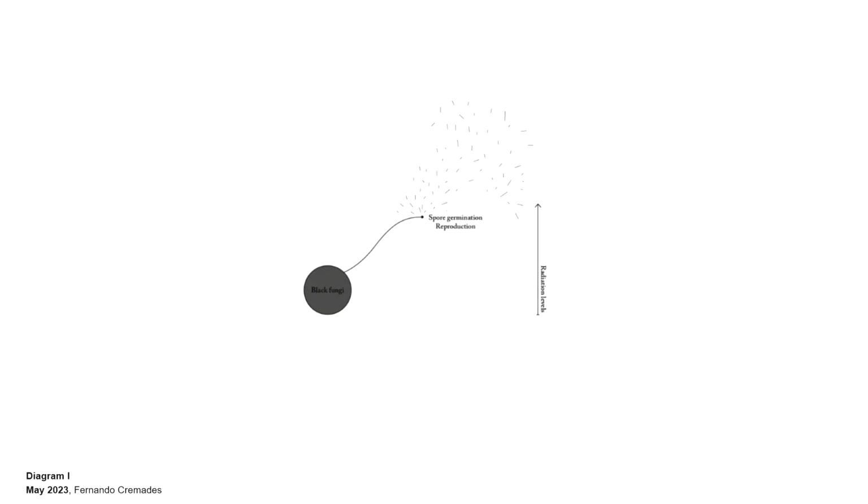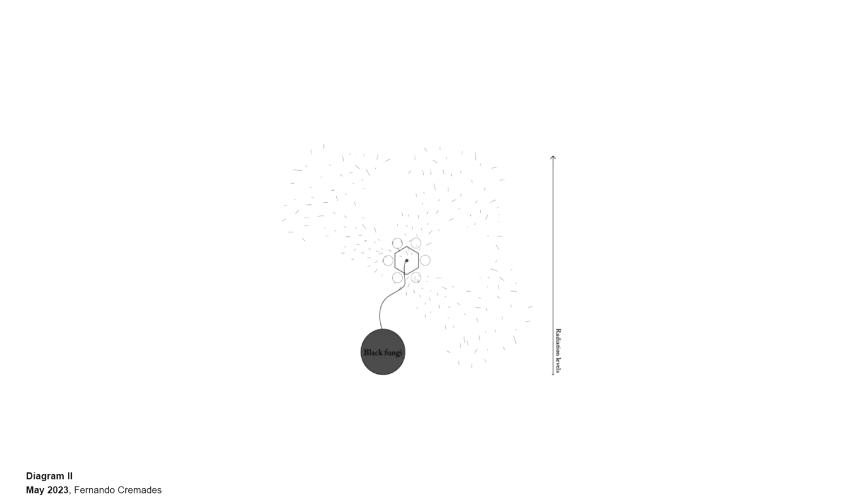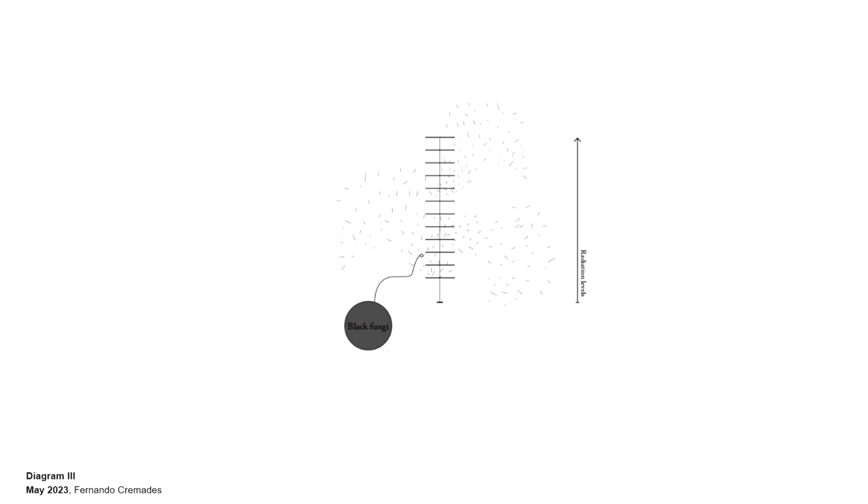So one of the things that I asked myself, with little knowledge about how it works, is how its reproduction happens. It's through spore germination. And I thought, okay, how if we help the reproduction of these fungi in radioactive environments, and what would happen if we built a tower or an artifact that has crops that cultivate these fungi, and we help the reproduction.